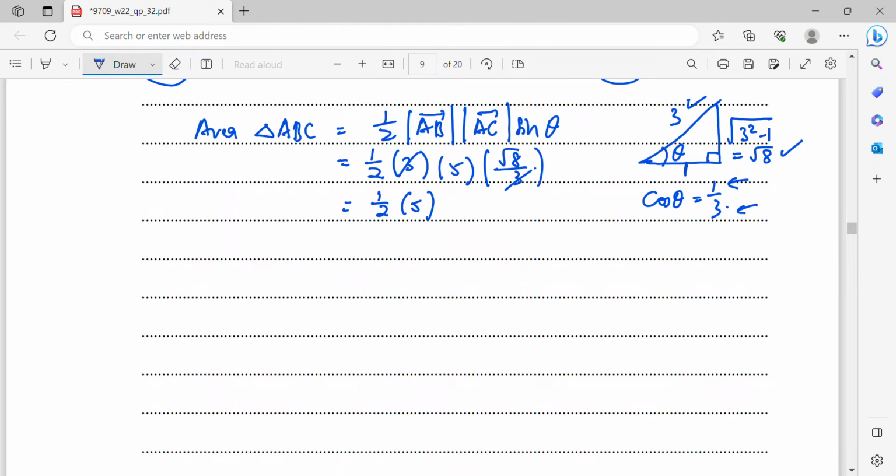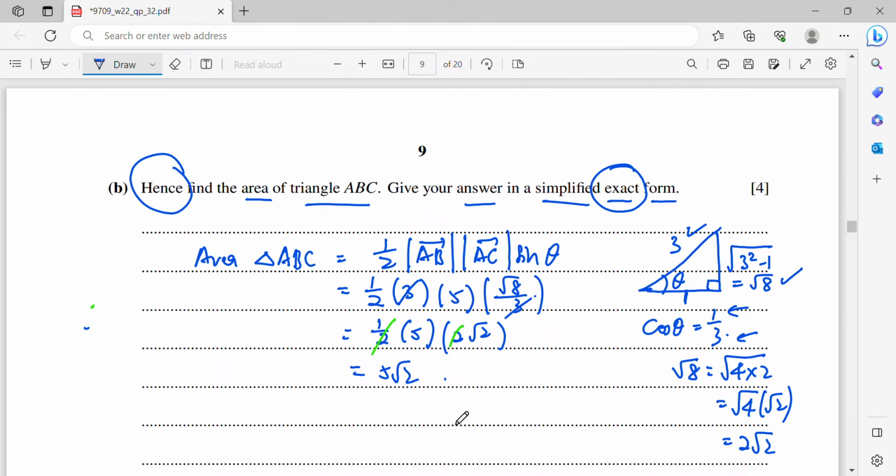Square root 8, now you see, is square root of 4 times 2. So it becomes square root 4 times square root 2, and at last it will be 2 square root 2. So here I will get 2 square root 2. Now with this, we can cancel the half and the 2. So at last, the answer will be 5 square root 2. Okay, that is our exact area of triangle ABC.